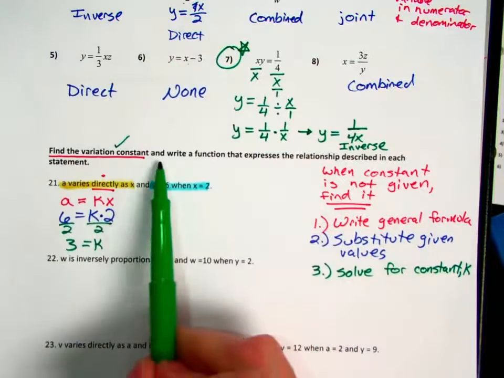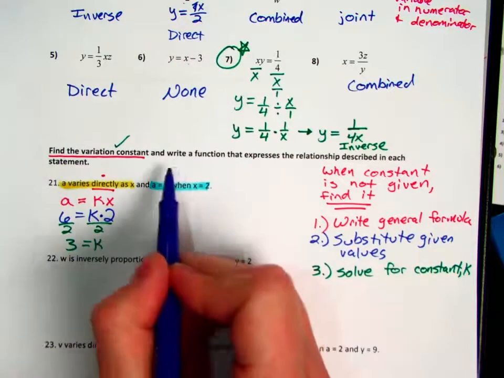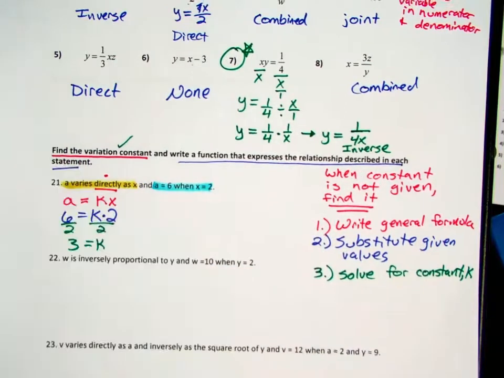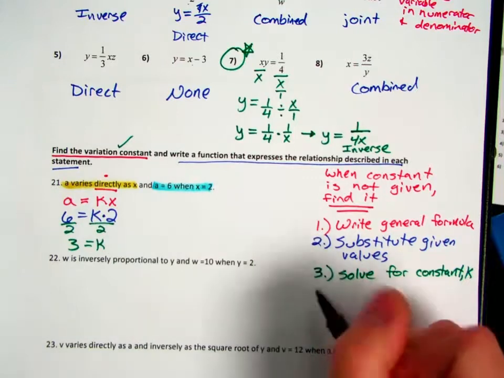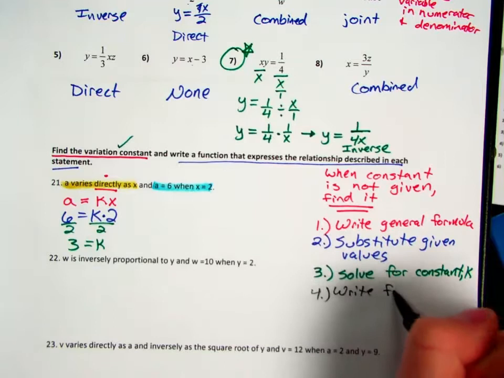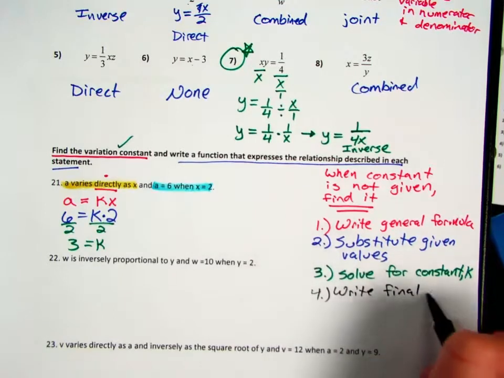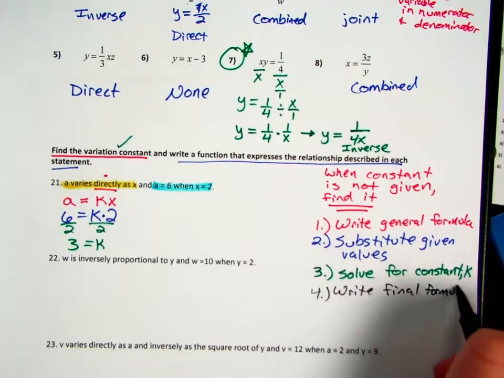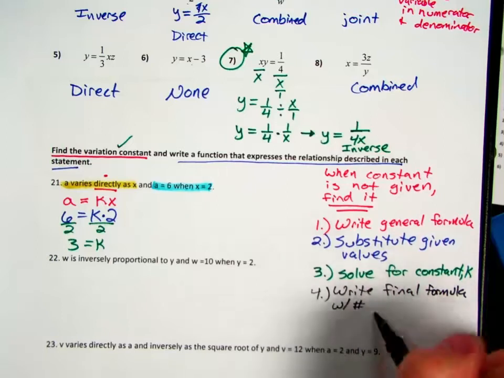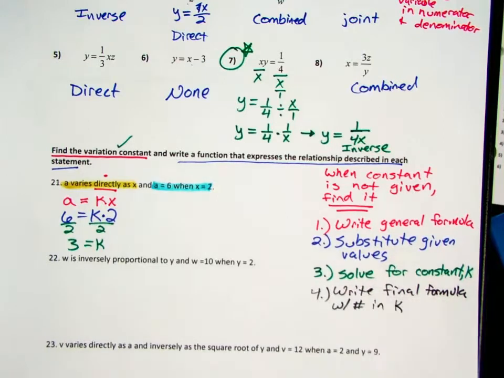But as I read on, it says, and write a function that expresses the relationship described in each statement. So that takes me to what my step 4 is going to be. Step 4 would be to write the final formula with the number in for the constant k.